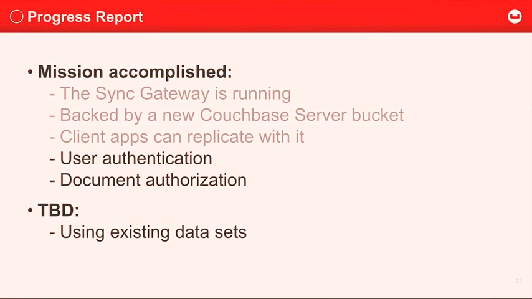So what we've done here, we've now authenticated our users, and we've also implemented document authorization so that we can control which users can create documents, which users can update documents, and we've also given access to other users to read the channels those documents are mapped to.